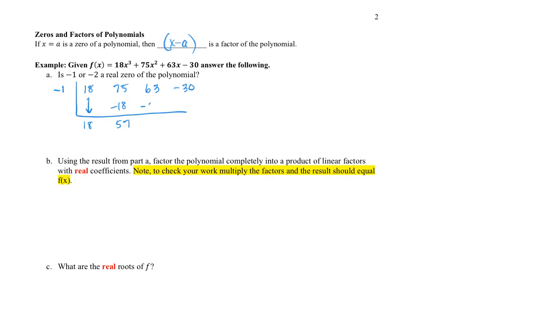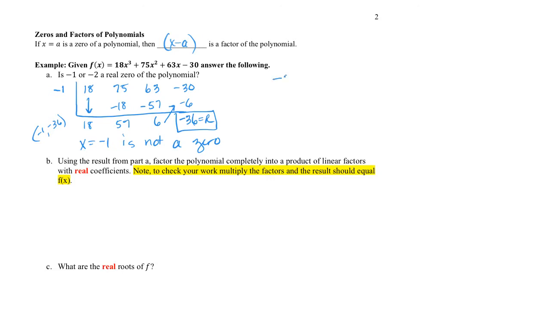That's 57. -57 plus 63 is 6. And then -6, so -36 is my remainder. So because the remainder is not 0, that means that x equals -1 is not a zero of the polynomial, because I'll have the point -1, -36 on this graph.